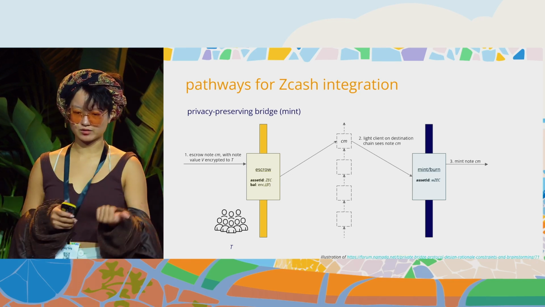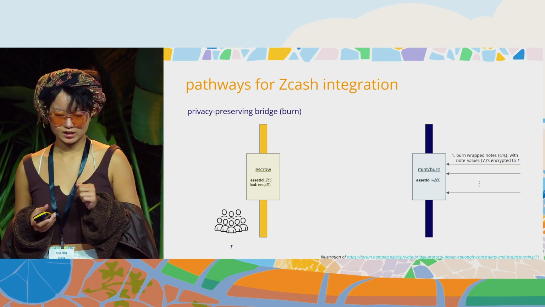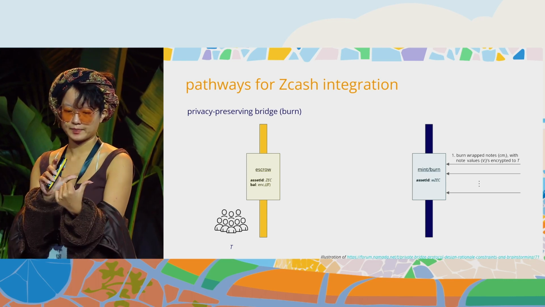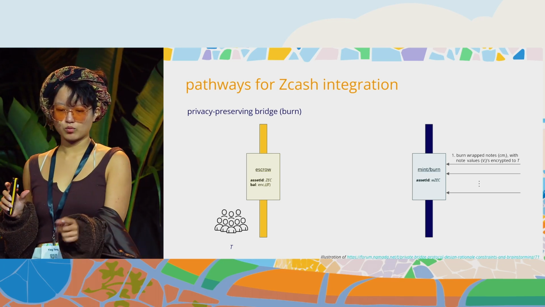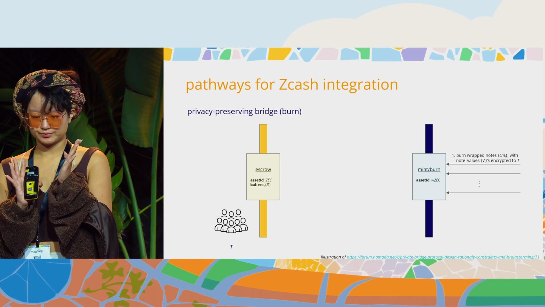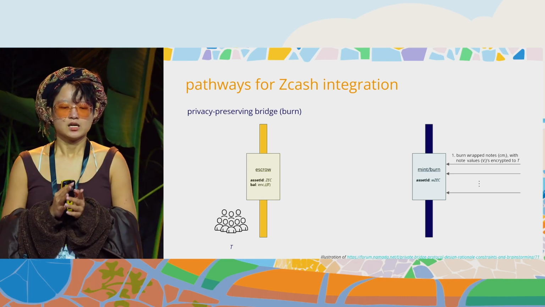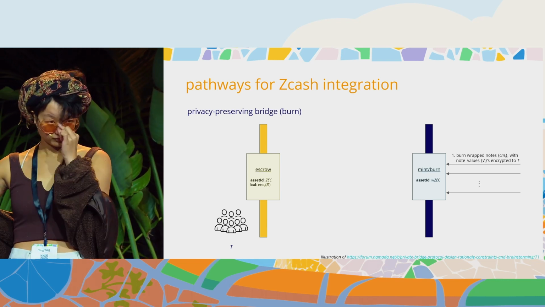They want to cash out. So what they do is they burn these wrapped ZAC to the mint and burn contract. And once again, they encrypt the values of these notes to the threshold of validators. And by the threshold of validators, I mean those on Zcash.